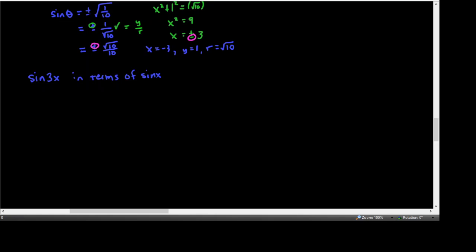I'm going to use an idea that we did earlier for the double angle identities when we first developed those. And I'm going to think of 3x as the sum of two things. It doesn't matter which one you put first, but I'm going to make it 2x plus x.